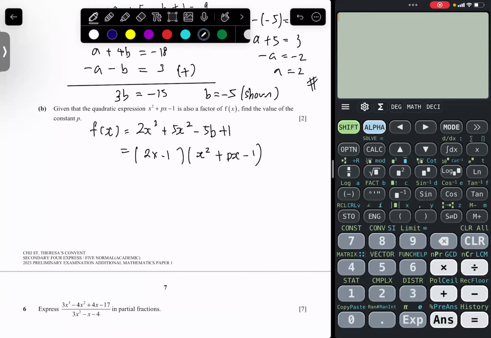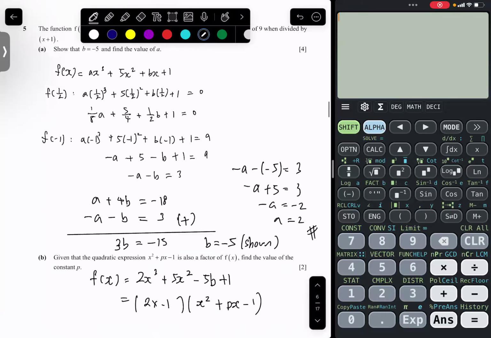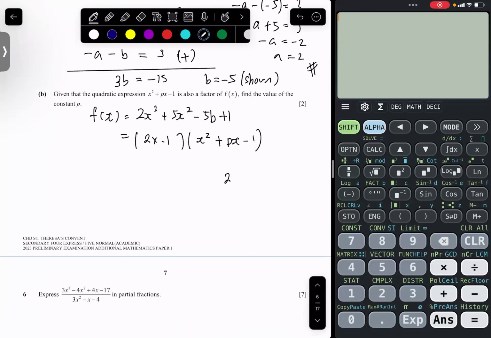Now I think a lot of people will choose to do long division because it's the most straightforward method. So 2x cubed plus 5x squared minus 5x plus 1, divided by 2x minus 1. So we have x squared.